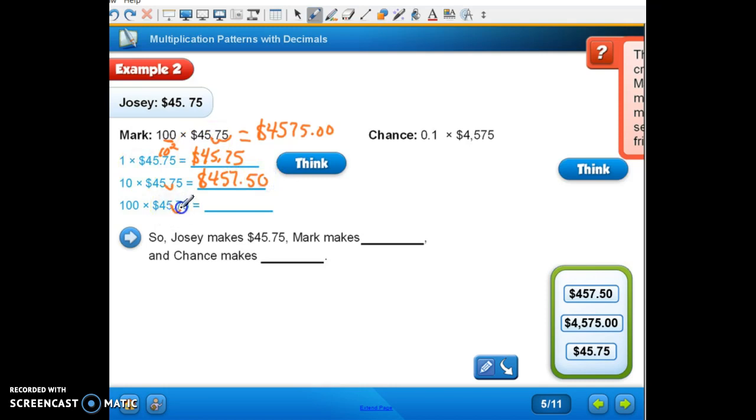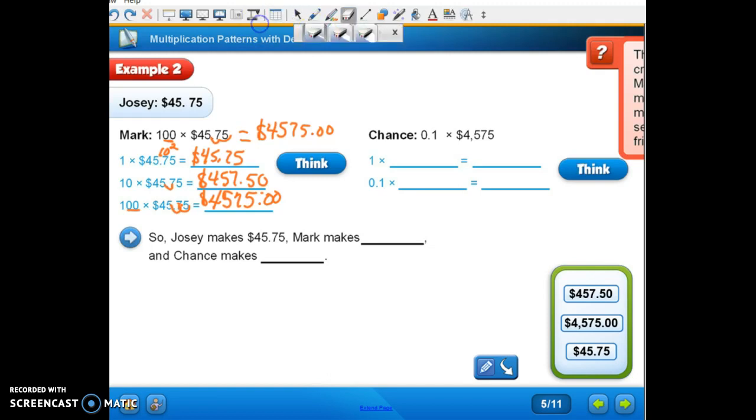And then 100 times is going to make us move it out 2 places. Oh, that's bad, right? Okay. Now we're going to think about Chance. He makes 1/10 of what Mark made. So would you do the first or the second? The first dot is just a little mistake.